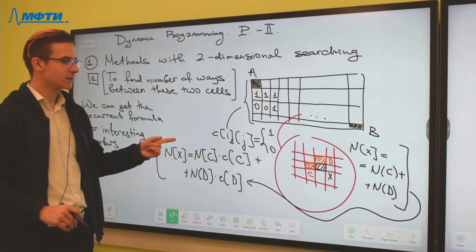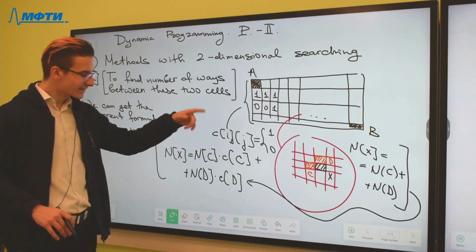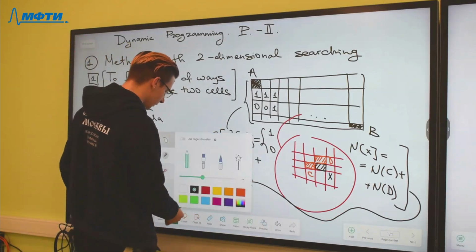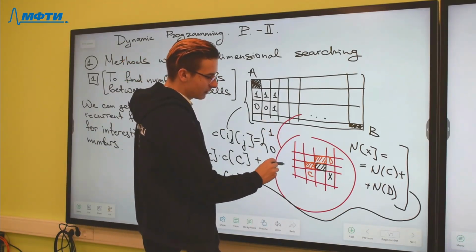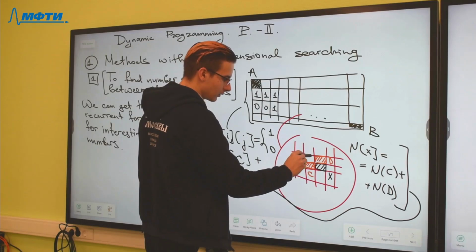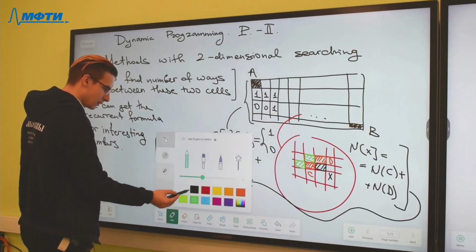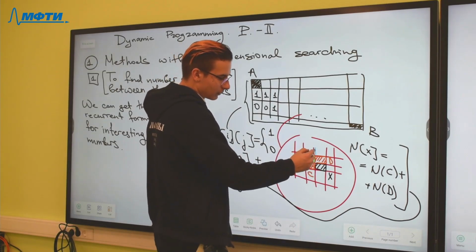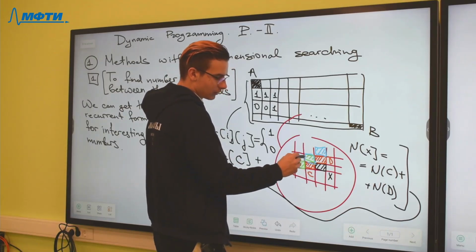But we can see that there are a lot of subtasks that intersect, because, for example, we can find ways from A to C, we need to find ways to this cell, and, for example, to find ways to D, I need to find ways here too.